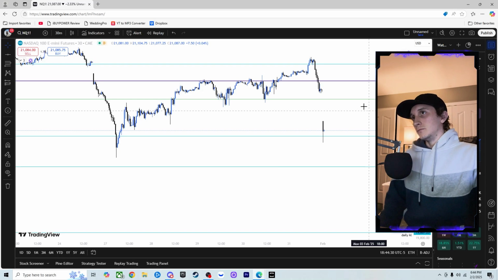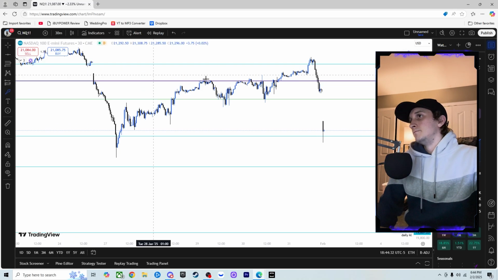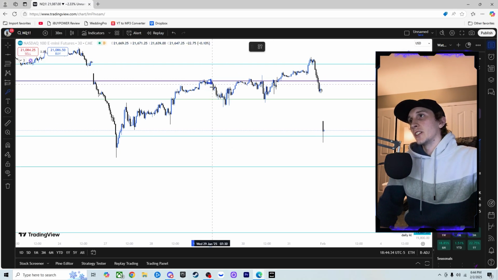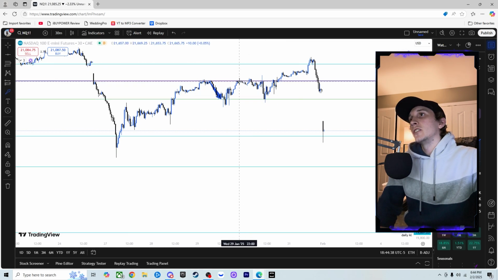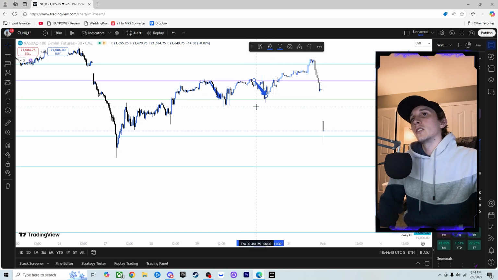The reason is we came up to this area on the 30-minute, rejection. Up to this area on the 30-minute, slight rejection right there, but we could arguably say that more of the rejection happened right there. We had 3 taps into it, bounced down, went down to the hourly key level.